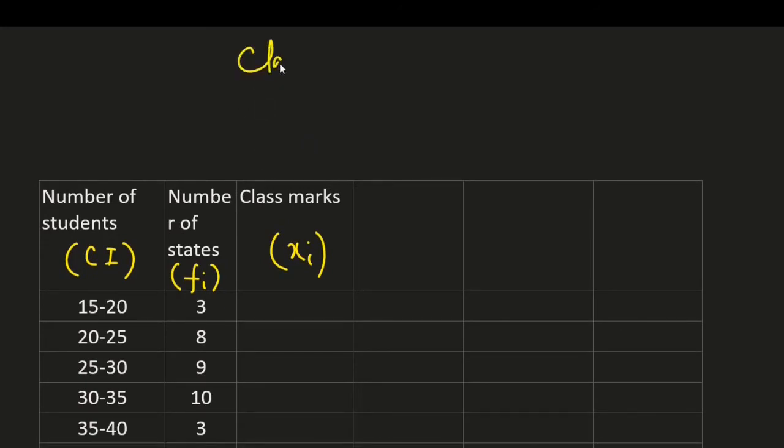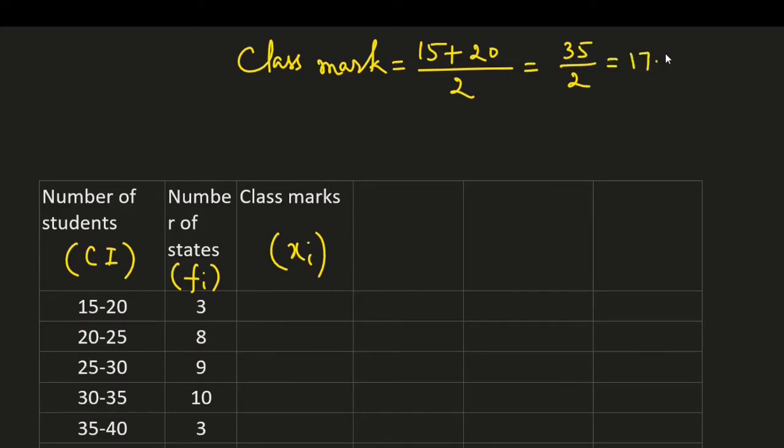Class mark for first interval. Class mark is equal to lower boundary plus upper boundary by 2. In this way we can find it. This is 35 by 2. So this is 17.5.